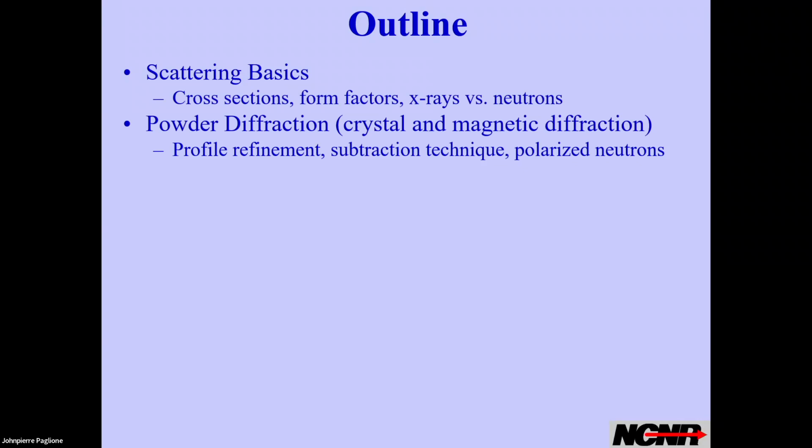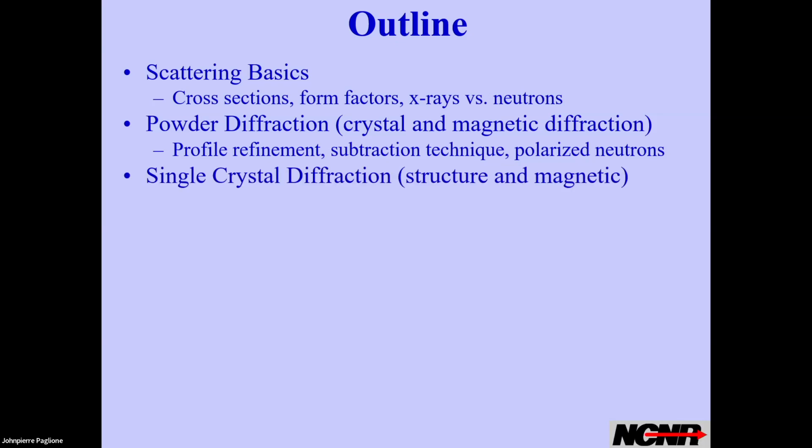Profile refinements, I'll show you an example of what we call the subtraction technique to separate out magnetic from structural scattering. And then if that doesn't work, you can use polarized neutrons that unambiguously differentiate between the two.